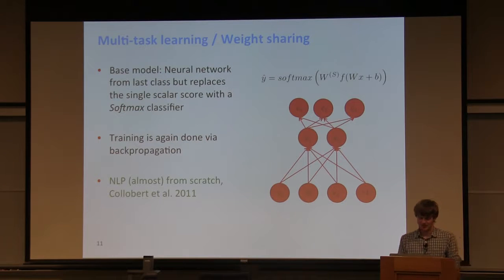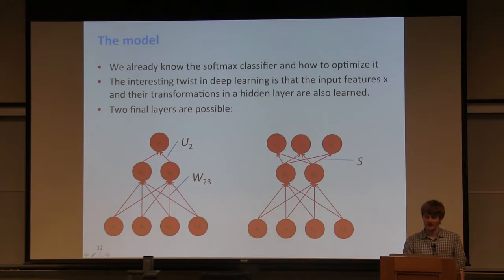So here, for instance, we may have our standard window model where we might want to compute the, again, named entity tags or sentiment or whatever, any kind of label you can think of for a specific word. And then we have, for instance, the softmax classifier. Now what we can do is not just share the word vectors x, but also share the intermediate layers between different tasks, and then only change the top layer.